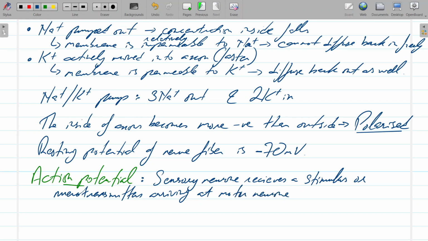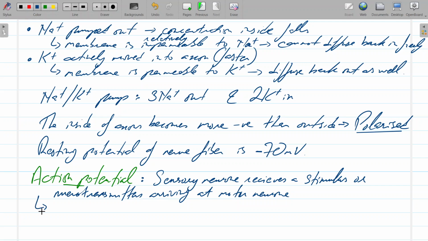In either case, what happens is there is a change in the permeability of the axon membrane. And again, axon is being mentioned because that's what's been studied. Otherwise, it's the same for any nerve fiber that's transmitting an impulse that's being stimulated. So it could be a dendron as well.